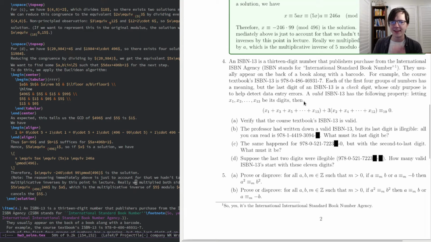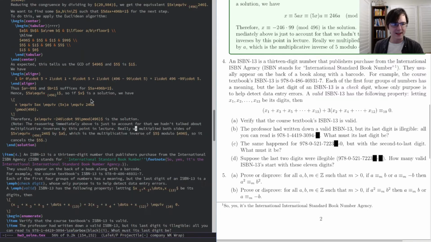Okay, so yeah, I hope you enjoyed this problem about ISBNs. And I do think it's funny that the International Standard Book Number Agency, it's like an ATM machine. Let's delete that footnote for the solutions.